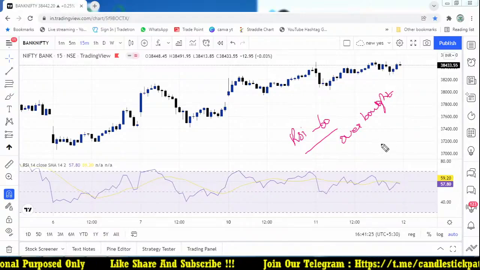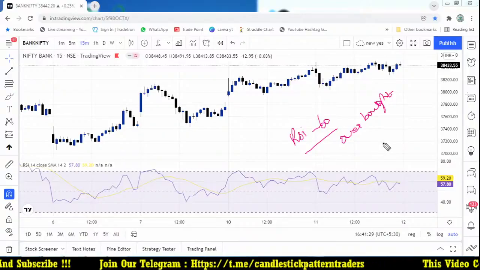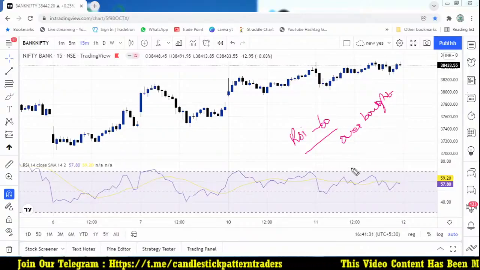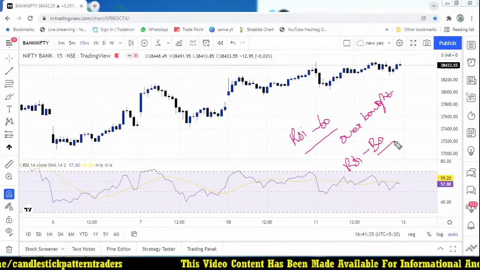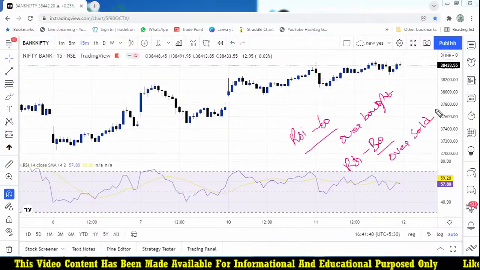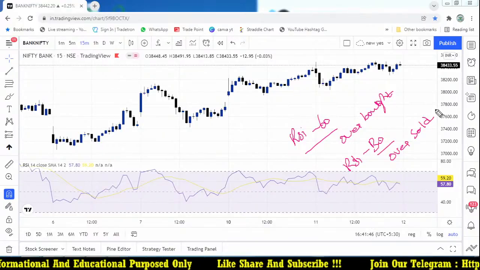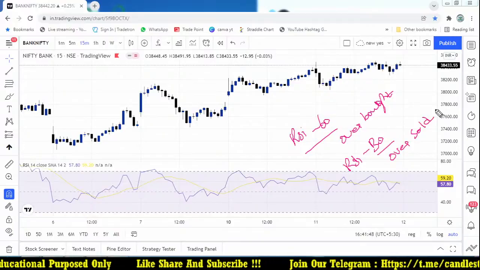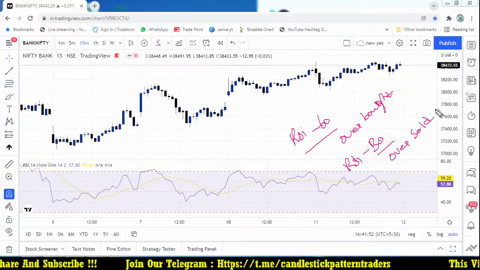And someone says RSI below 30 is oversold. So RSI 60, someone says overbought, and RSI below 30, it is oversold.